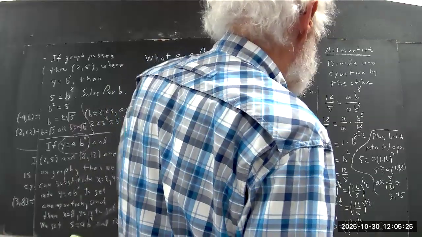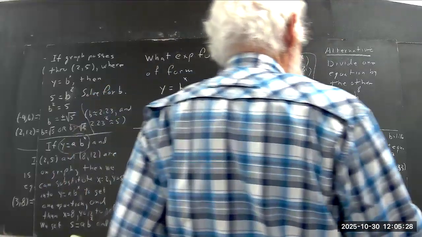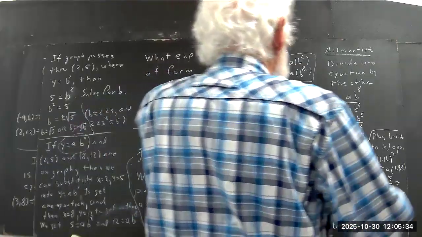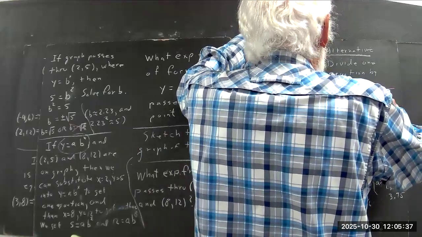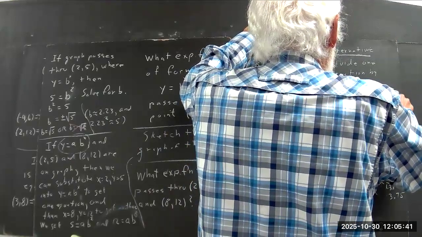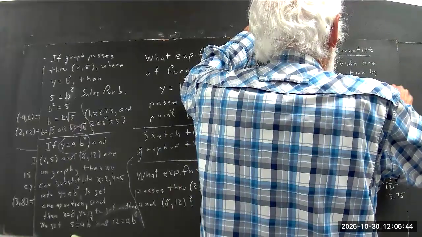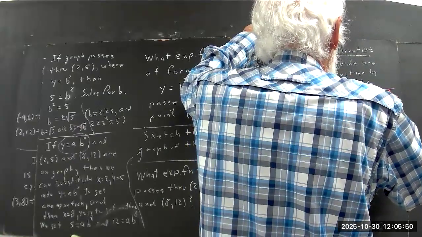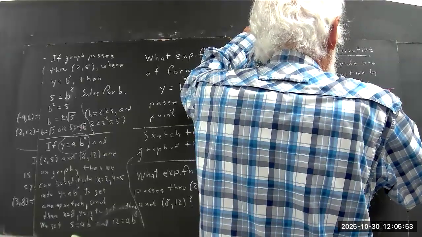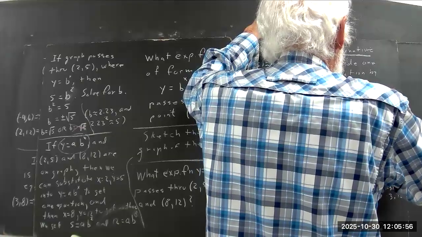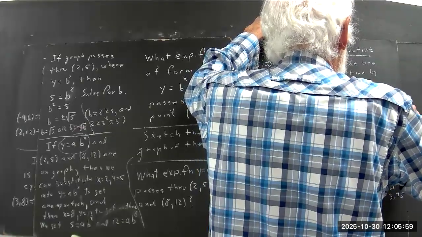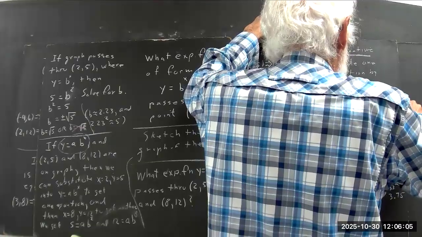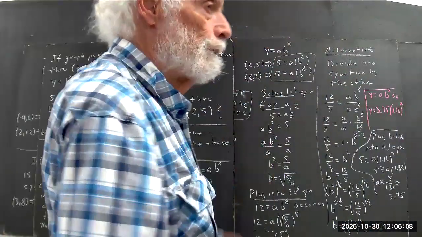So now we know what our function is. Our function is approximately 3.75 times 1.16 to the x power.